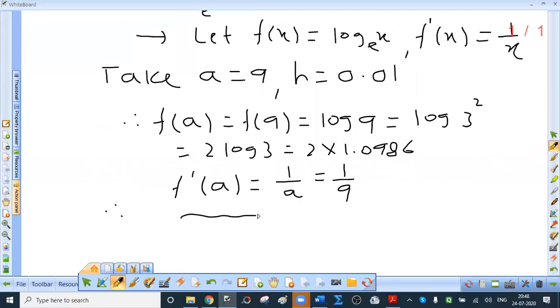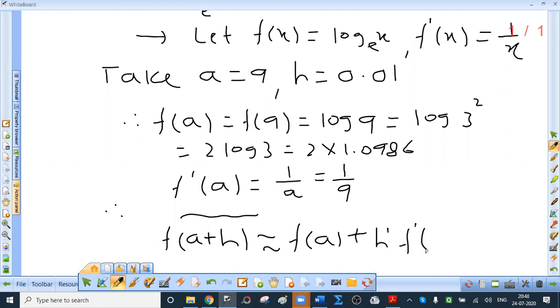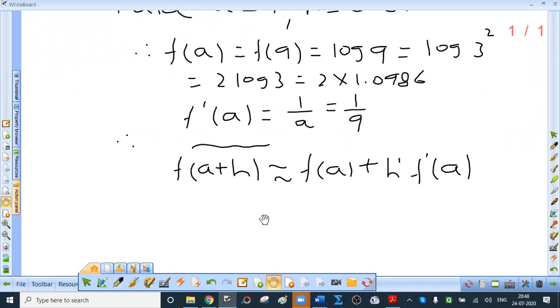Therefore, formula for approximation is f of a plus h approximately equal to f of a plus h f dash of a. Every time you have to write the formula. See, here we are doing 8 to 10 sums, but in exam, at the most only one sum will be asked on approximations, right?